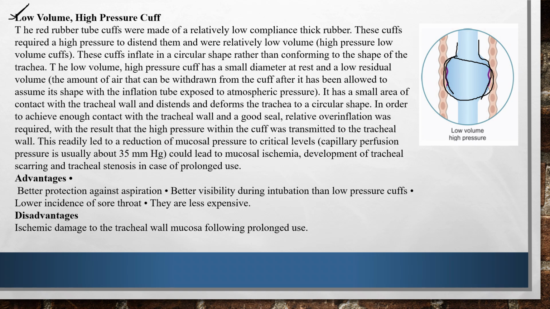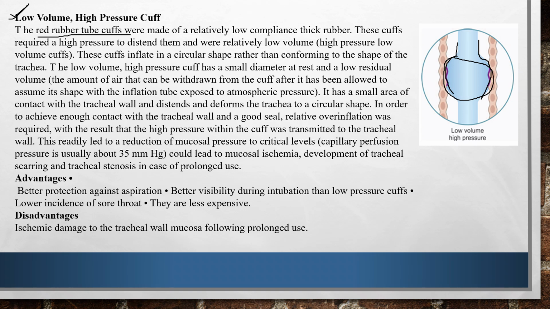And I have already told that it has a smaller area of contact. And what are the advantages? First, before going to the advantages, we mainly use this kind of cuff in red rubber tubes.